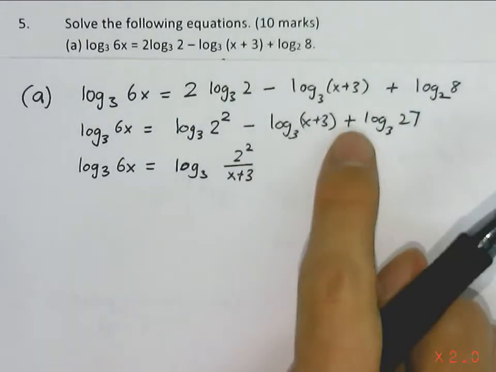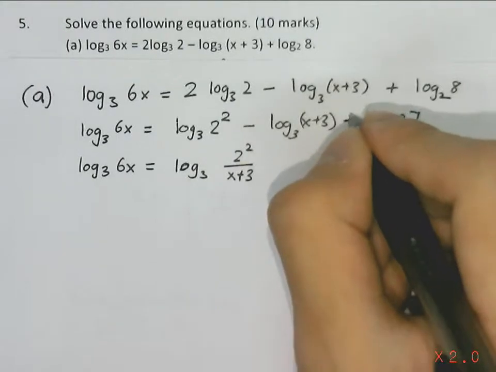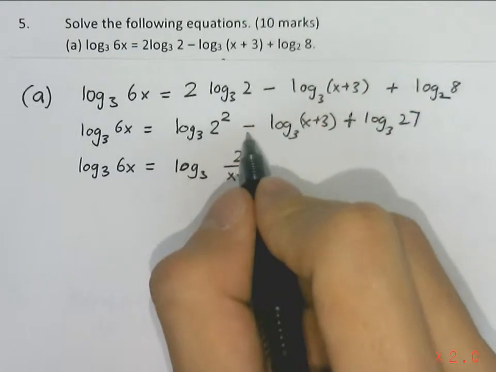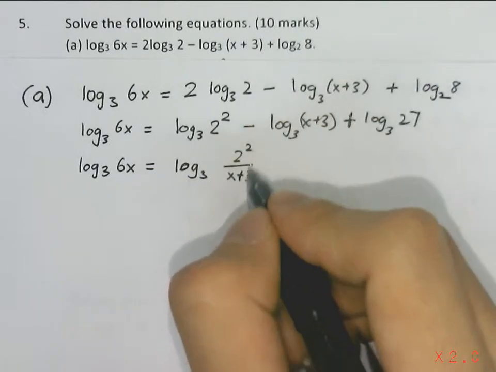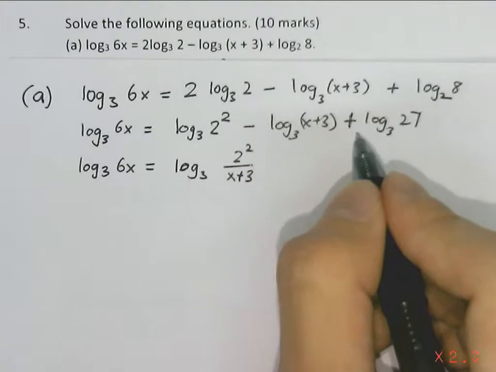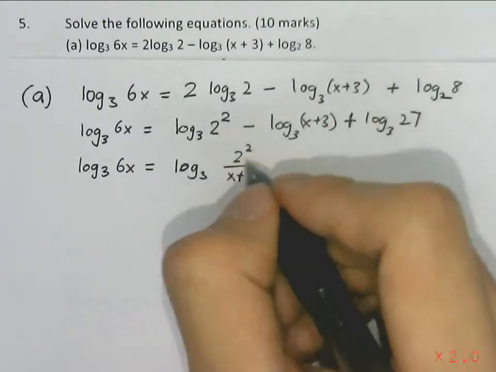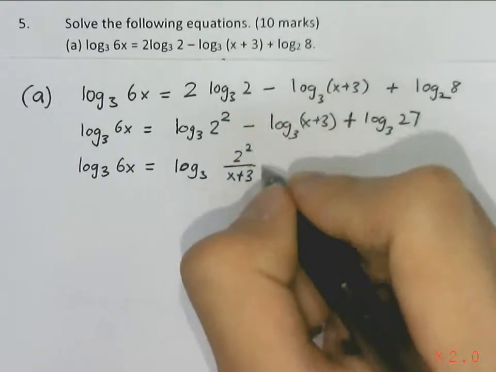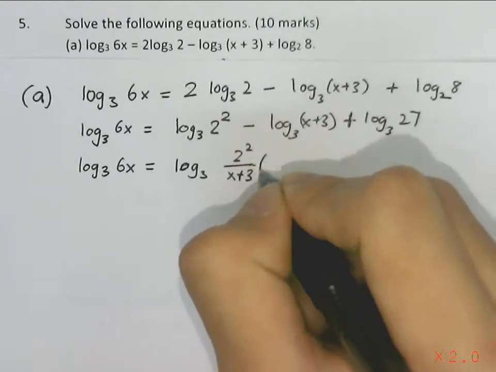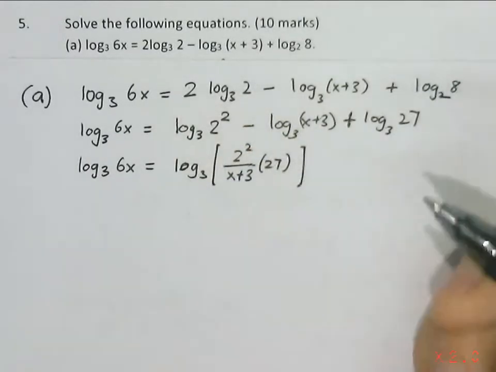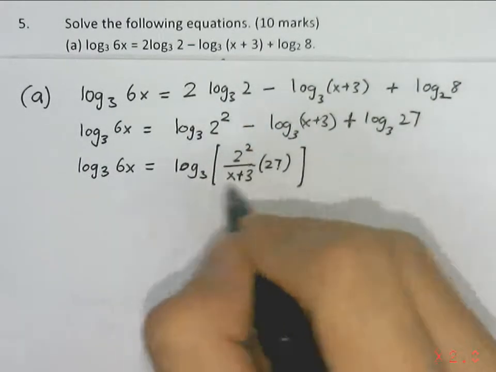If you follow with the plus, positive would mean that you multiply, so you just multiply 27 to it. You can put a 27 there. So everything simplified to one logarithmic term over here.